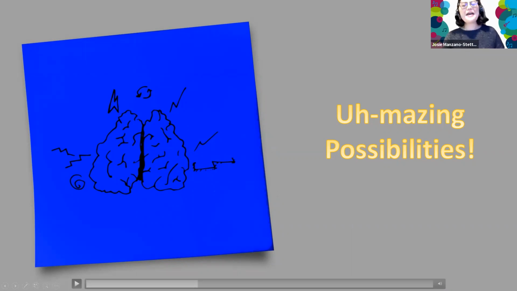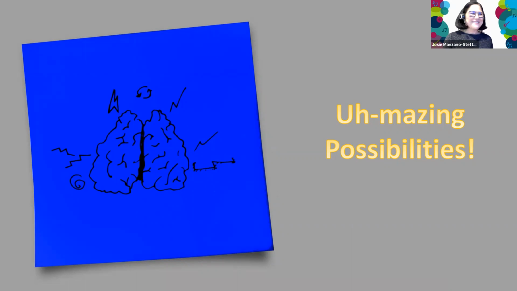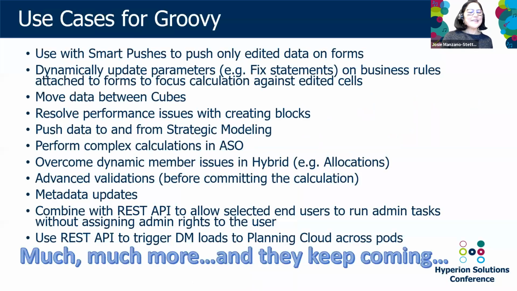And it's given us amazing possibilities. Here are a few use cases for Groovy. What we love to do is use it with smart pushes, to push only edited cells or edited data on the forms.